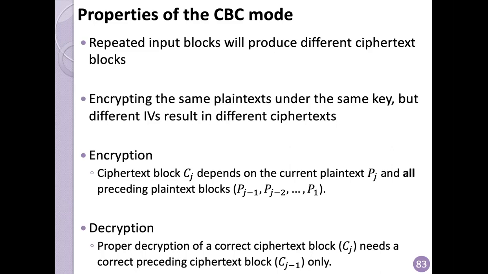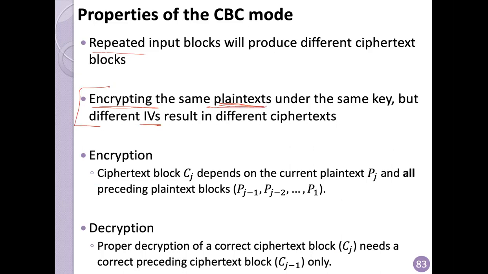Okay, here are the properties. Some of them I mentioned. It repeats the input block to produce different cipher blocks, encrypting the same plaintext. This is the first important property that we get, which is the impact of the initialization vector.